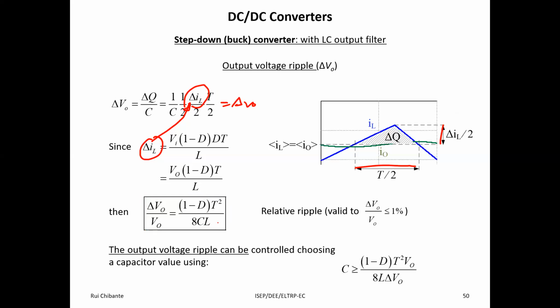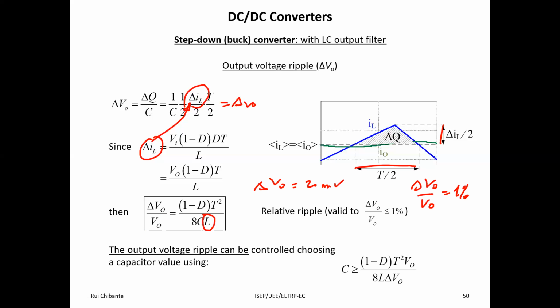And since all the parameters are known, as well as the inductor, if we design from the previous approach, then if we specify a voltage variation in an absolute way, as I did before, I said delta VO equal to 20 millivolt, or I can make a specification in a relative way. I can say that this fraction, the voltage variation divided by the output voltage, is 1%, the same way as we have done in the current.